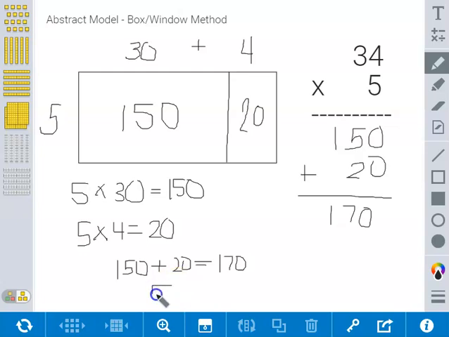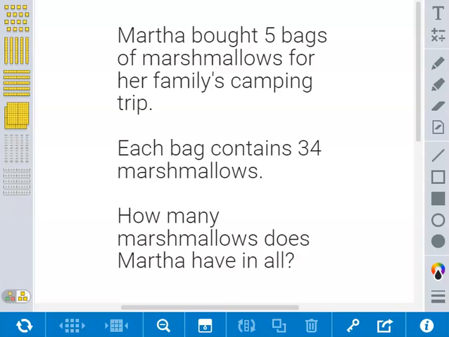So when we go back to 5 times 34, we know, based off partial products, that 5 times 34 is 170, which matches all of our other answers. By using concrete and pictorial models, we know that Martha has a total of 170 marshmallows for her family's camping trip.